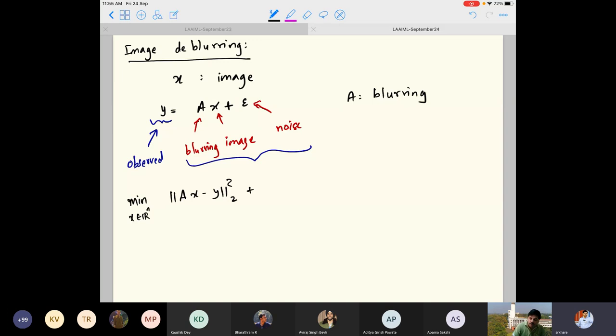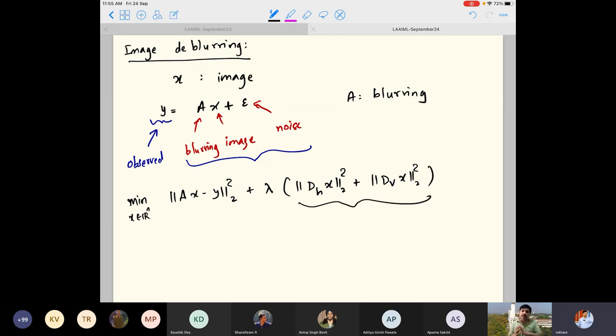What is the restriction? There is another objective that you are trying to match, which is ||D_h x|| whole square plus ||D_v x|| whole square. So what is this objective really saying?